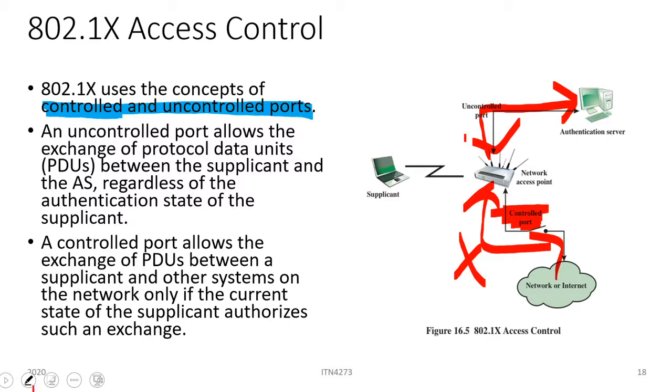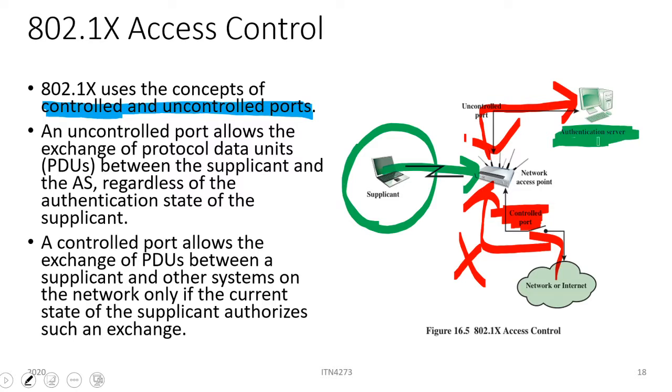So when we have a client or a supplicant trying to connect to our network, most of the time we can have the authentication server connected to the uncontrolled port. So the supplicant would still be able to connect and do the authentication there.